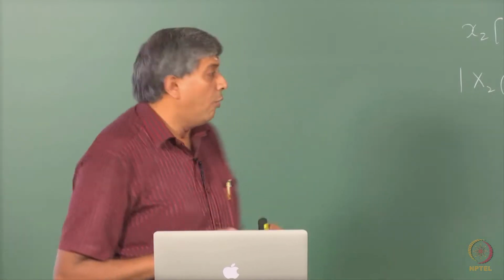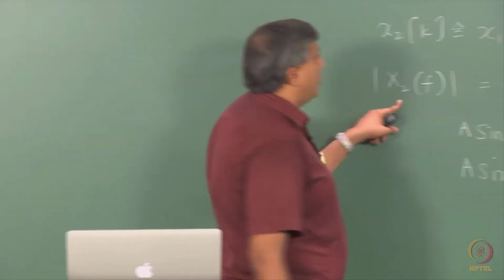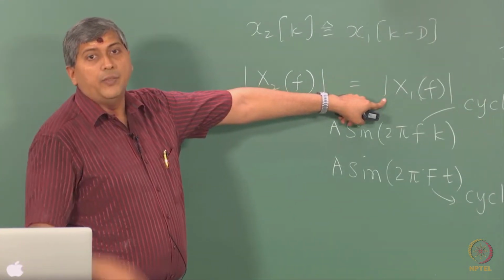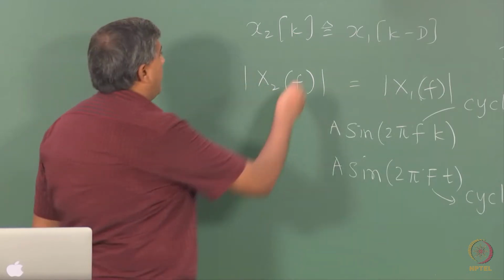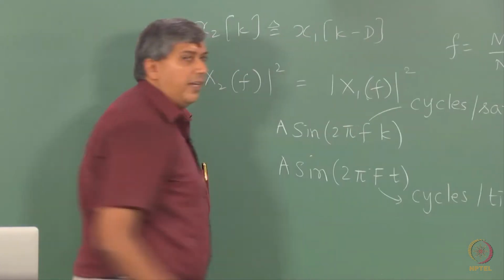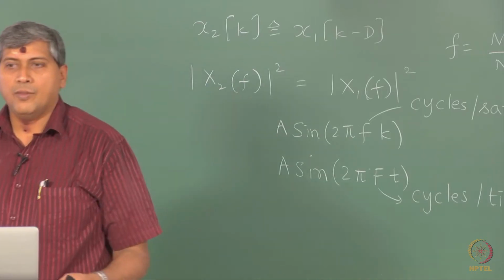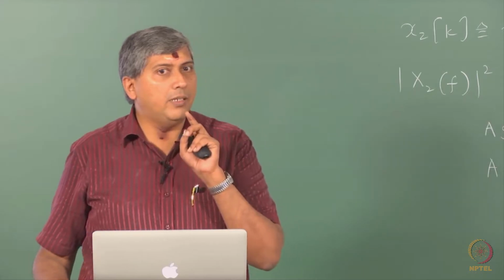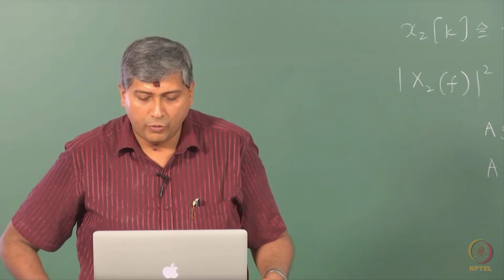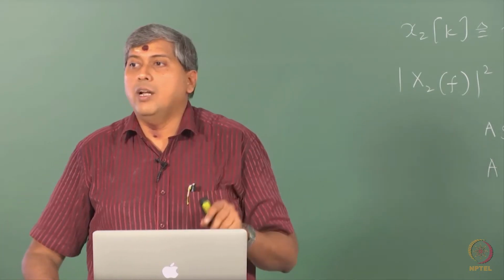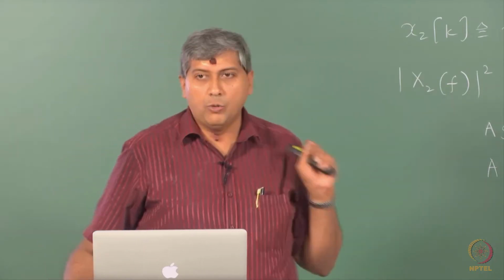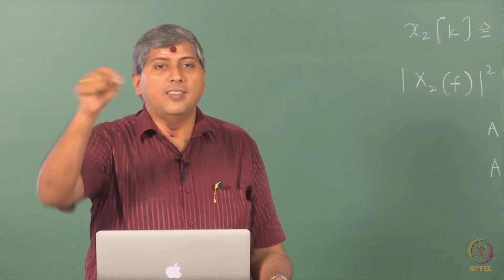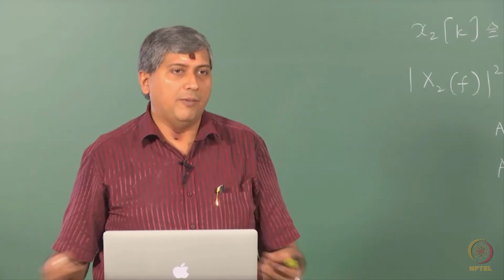Okay. So, what we observe here is that the magnitude of the delayed signal is the same as the magnitude of the original version, which means the energy densities would also be identical. In other words, this is exactly what I meant yesterday and maybe a lecture before as well, that the spectral density plots do not allow us to figure out when a particular frequency existed over a time interval.